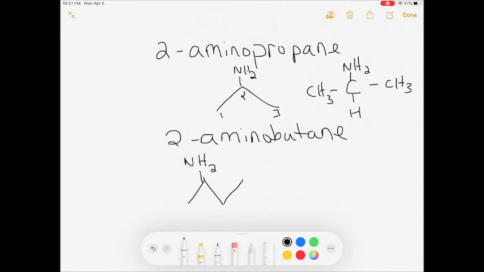But on this one, I'm just going to be looking at carbon 2, we have the amino group, we have a hydrogen, we have CH2, and on this side we have CH3. So this one would be considered chiral. So a molecule only needs one chiral carbon atom to be chiral. So you just have to make sure the groups around the carbon are different.